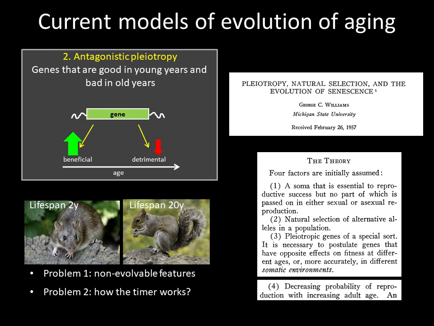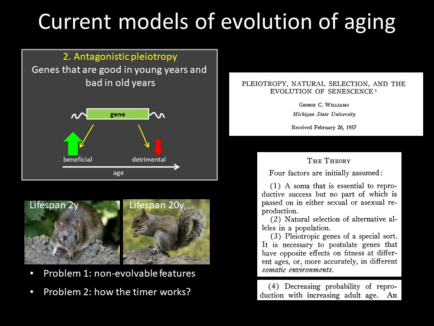This is a piece of this seminal paper published in '57. George Williams wrote what is essential for his theory to work. First, soma is essential for reproductive success, but not part of which is passed to either sexual or asexual reproduction. This statement is wrong, because unicellular organisms do not have soma and they still age.